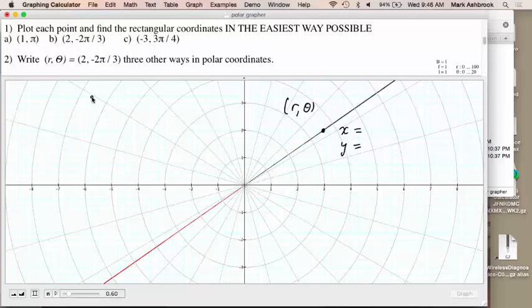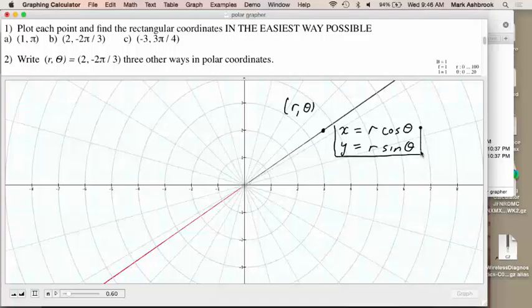X equals r cosine theta. Y is r sine theta. It's all based on trig of the triangle that you get when you set up the lengths for the x and y coordinate. That makes a triangle with your terminal side of the angle. And we get these relationships.